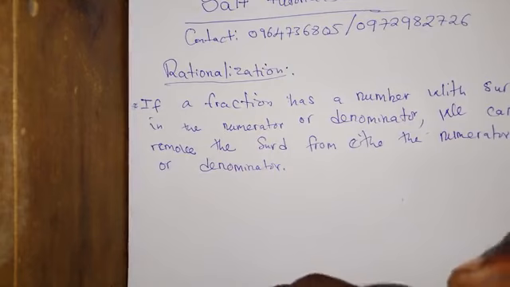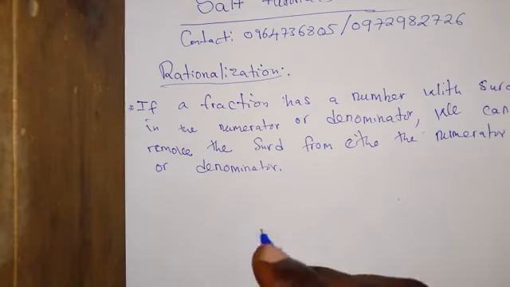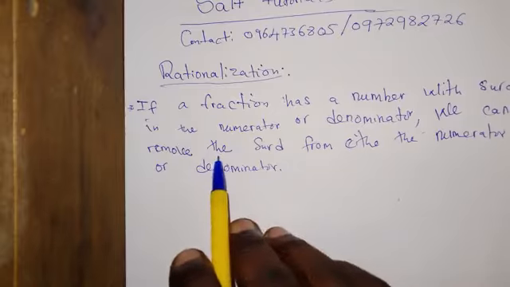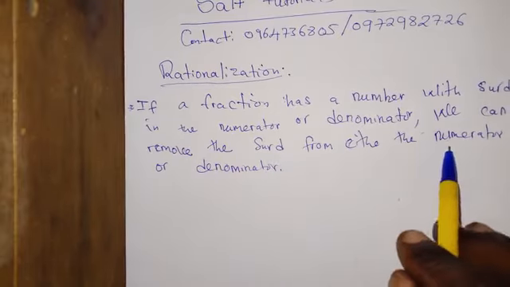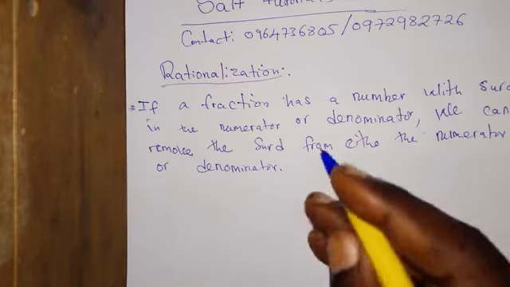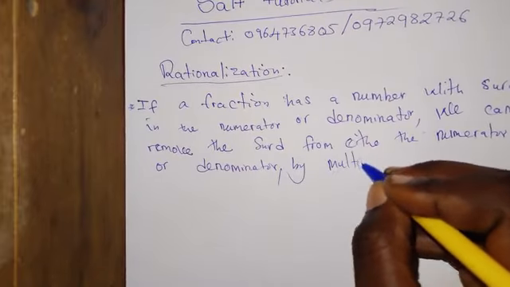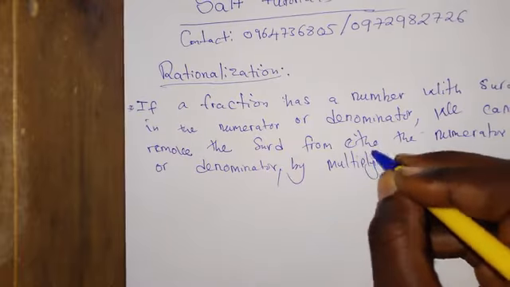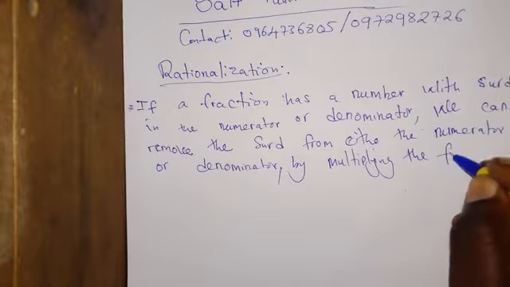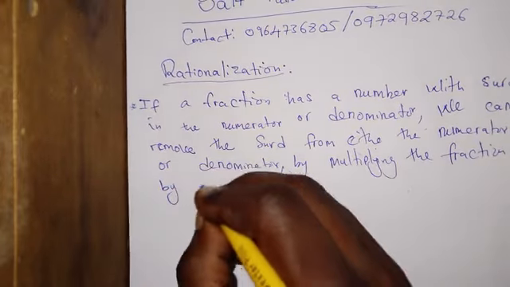That's the basic concept we're supposed to understand under rationalization. What we're trying to simply say here is that we are able to remove this surd from either the numerator or the denominator by simply multiplying the fraction by a special one.